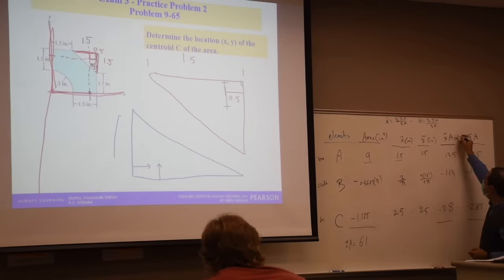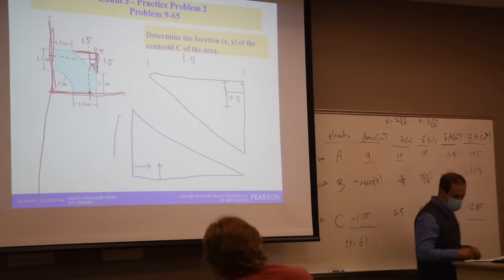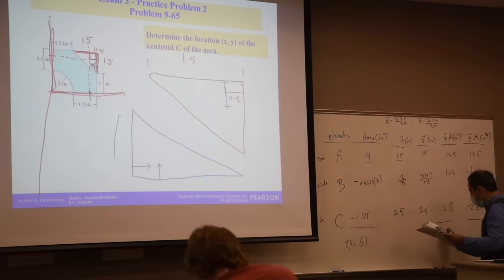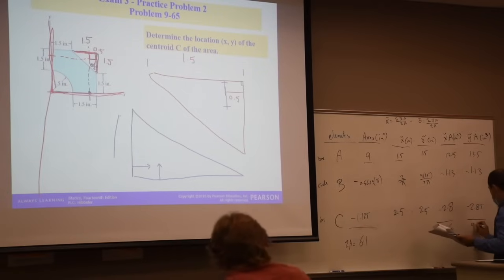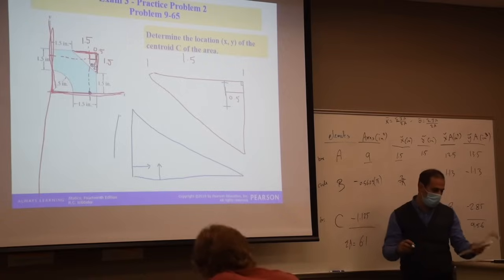This is inches cubed, right? Because area is squared and that's distance, that's inches cubed. Yes, it's inches cubed. So if you have all of these and you did this, you will get 9.56, and you will divide them together.